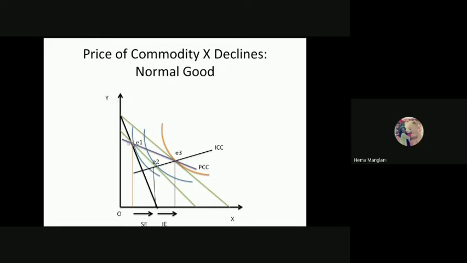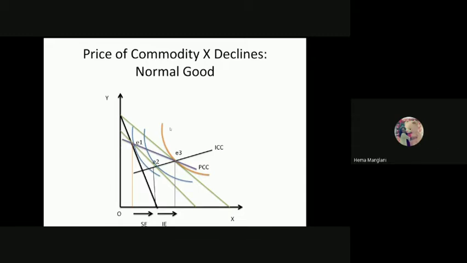So two differences, I think you could observe. The one difference is the intersection which is taking place over here. And another difference is that in the movement from E1 to E2, your substitution effect is taking place on a different indifference curve. Now, what does it mean? The intersection, when it takes place from the E1 point, shows that on the new price line or the new budget line, your initial consumption bundle is also attainable.